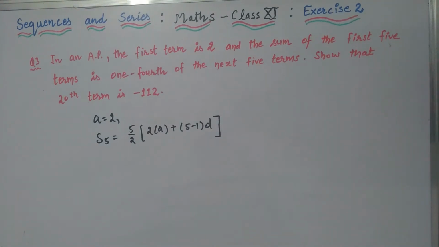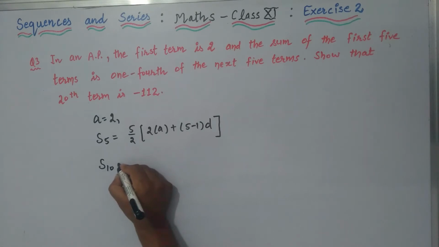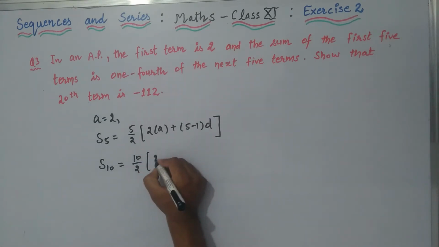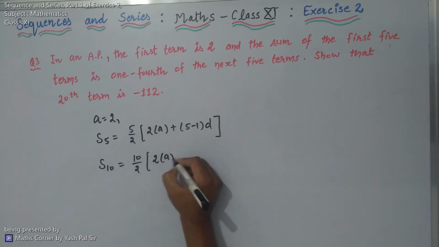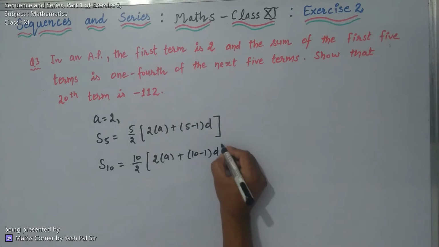Similarly, we can find the sum of first 10 terms, that will be equal to 10 by 2 into 2 into a plus 10 minus 1 into d.